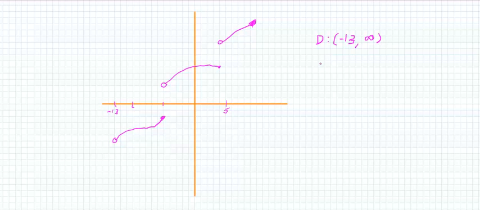The range, however, is broken up. 1, 2, 3, 4, 5, negative 6. My range starts at negative 6 and goes to negative 2. There's a solid dot at negative 2, so I use my bracket.